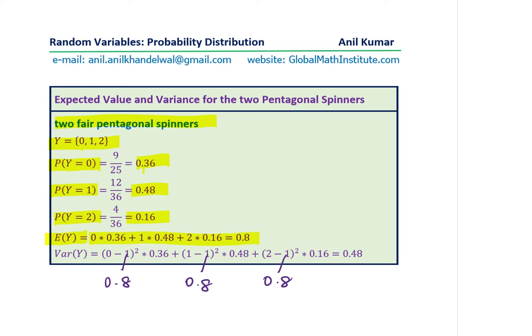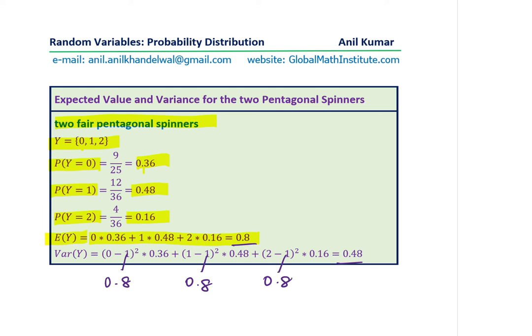So 0 minus 0.8 whole square times 0.36, 1 minus 0.8 whole square times 0.48, 2 minus 0.8 whole square times 0.16 gives you 0.48, correct? So make this correction: since the expectation is 0.8, you should write 0 minus 0.8 and then find the variance. So we get a value of 0.48.